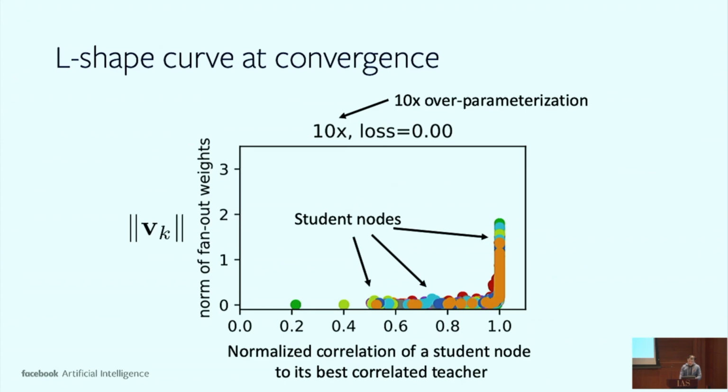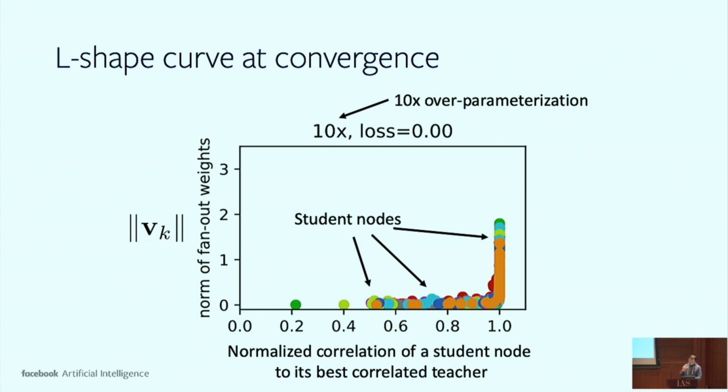This is another curve showing what happens for these alignments. Each of the nodes represents one student node. The x-axis shows the normalized correlation of this particular student node to its best correlated teacher, and the y-axis shows the norm of the fan-out weights.